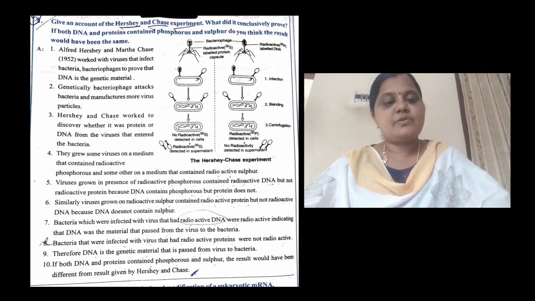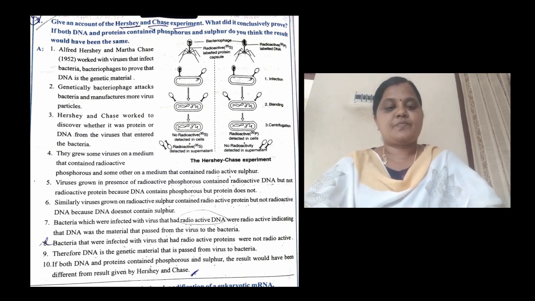Viruses grown in the presence of radioactive phosphorus contained radioactive DNA but not radioactive protein, because DNA contains phosphorus but protein does not.